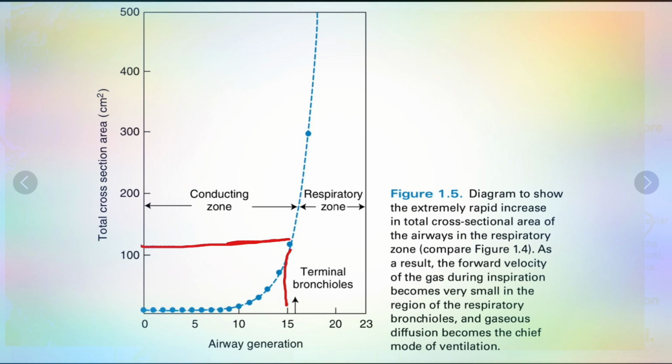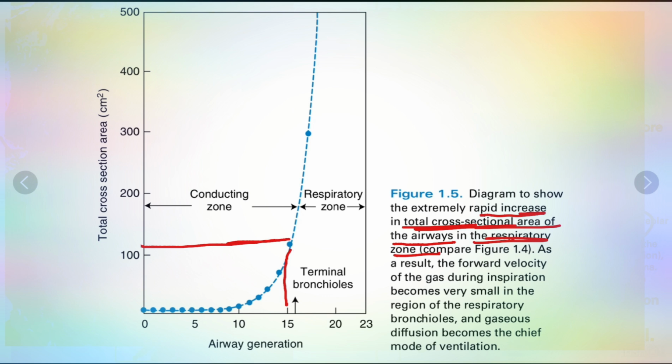From the 16th or 17th generation we can see it grow to 200, 300, 400, 500 centimeters square. So the diagram shows the extremely rapid increase in the total cross sectional area of the airways in the respiratory zone. So in the respiratory zone, the cross-sectional area of the airway suddenly increases.